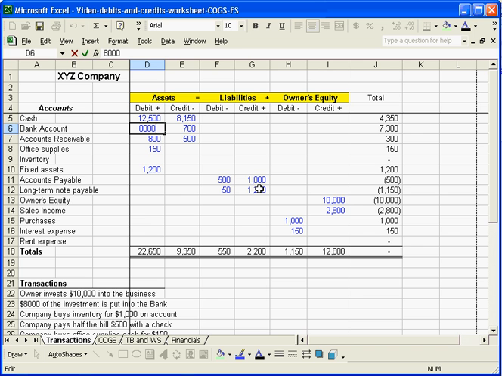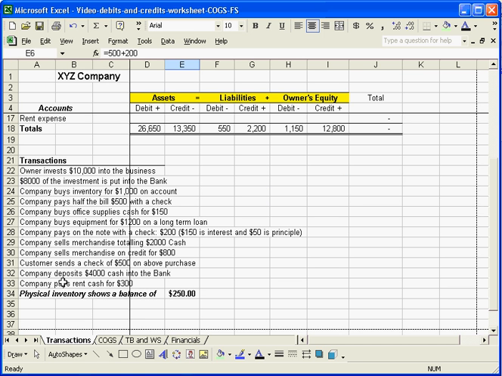We're putting $4,000 into the bank account, and we are taking that out of the cash account. There you go. Now in the bank, we have most of the money. We have 11,300, and then we have cash or petty cash, whatever you want to call it, sitting around, which is $350.